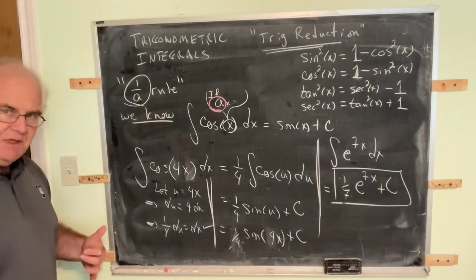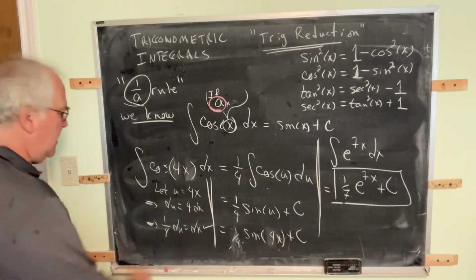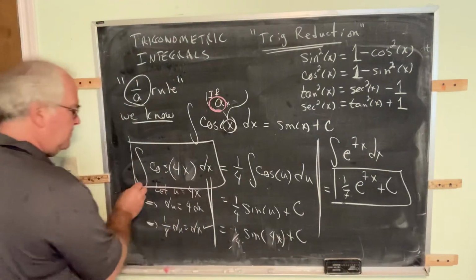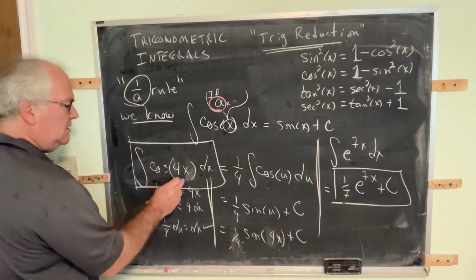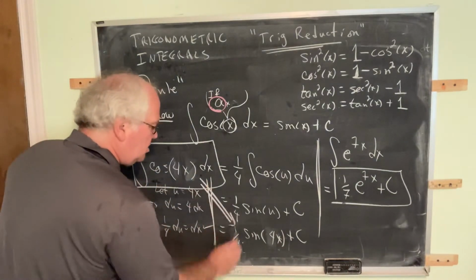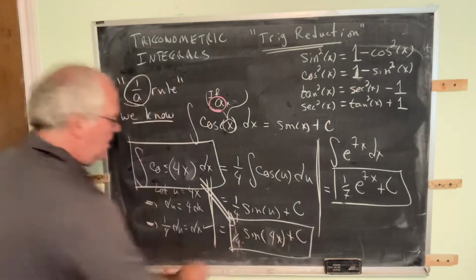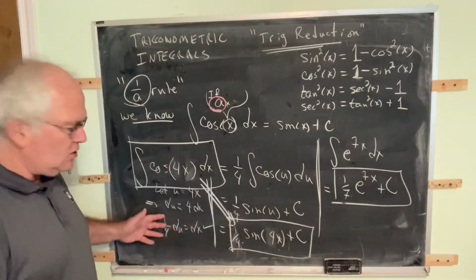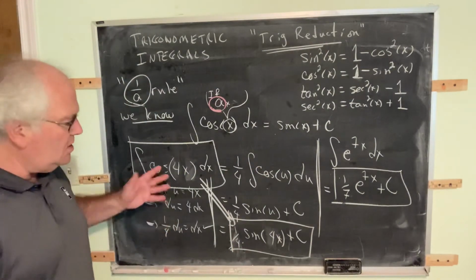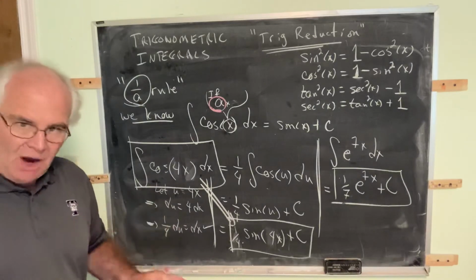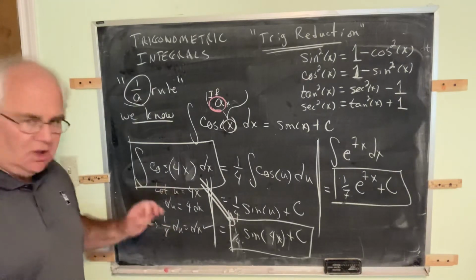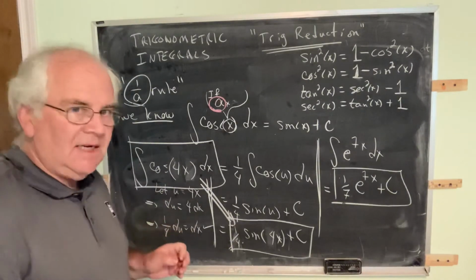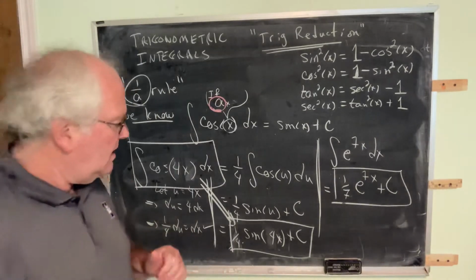But you may, if you wish, go from here directly to here without showing any of this intermediate work. If you can do that, not only will I allow it, eventually I sort of start to expect it.